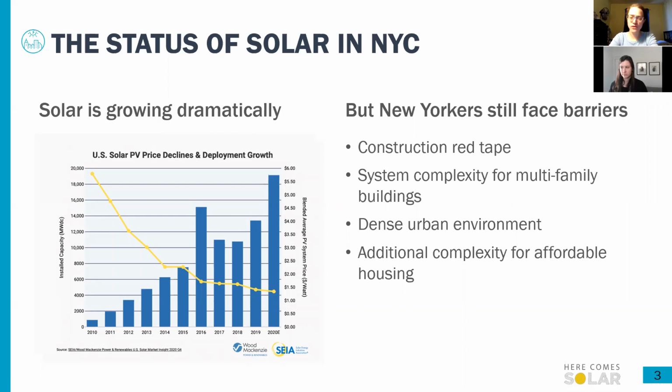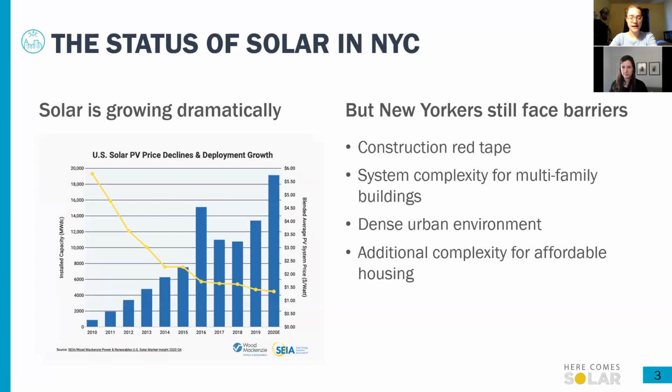But in New York, there's still a lot of barriers that people face. There's, as I'm sure you all know, a lot of construction red tape in New York City. Multifamily buildings are just inherently more complex than a single family house out in the suburbs. Same thing goes for the fact that there's lots of buildings right next to each other, and some buildings shade other buildings, and the design and construction for that is more difficult.